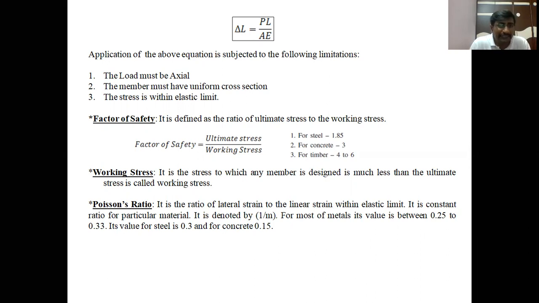The factor of safety represents whether the member is in a safe condition or not. Therefore, factor of safety is defined as the ratio of ultimate stress to the working stress. This is the factor of safety, ultimate stress by working stress.